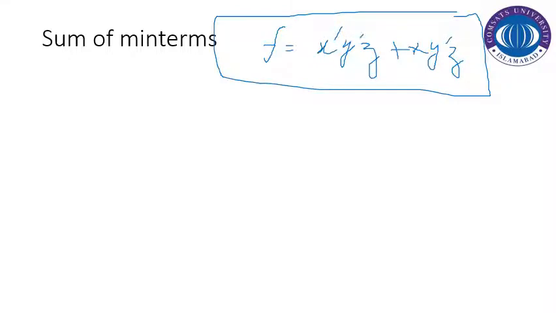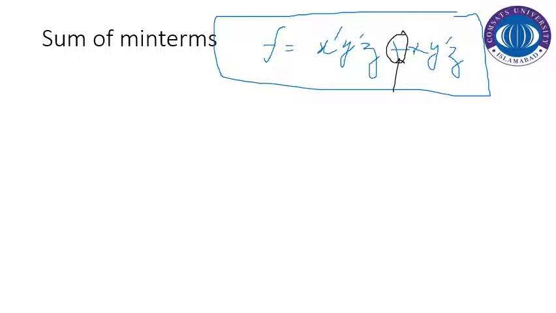There are two min terms. These are the two min terms, and we are basically ORing those min terms, so having a Boolean sum of those min terms. So if any function is represented in that particular format, that is known to be the sum of min terms.